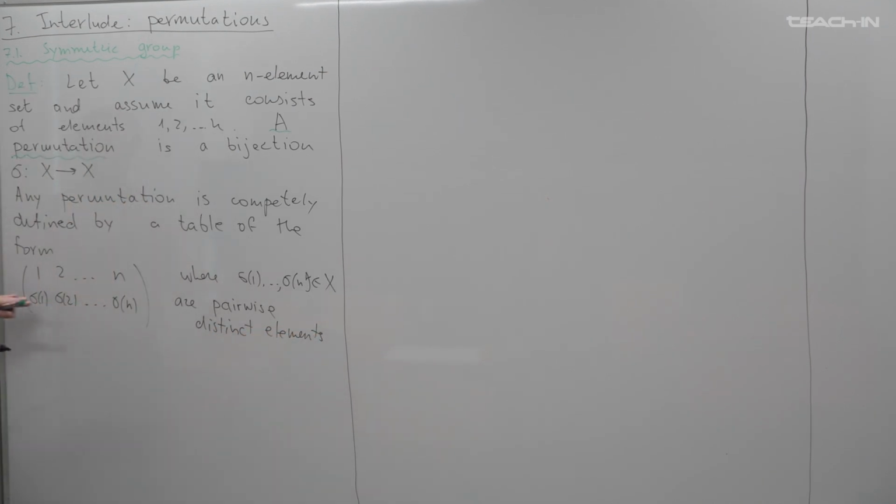So these are just some elements from the set 1 to n, and so this is the way how we denote permutations.